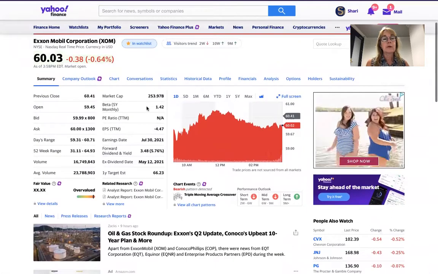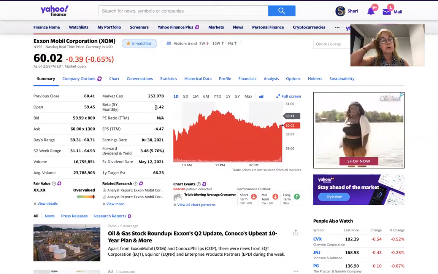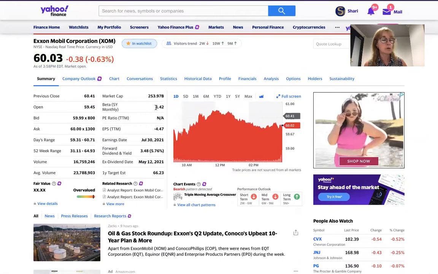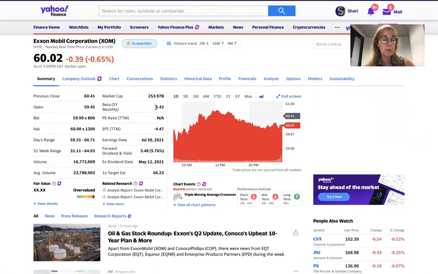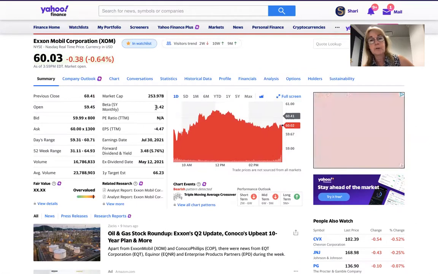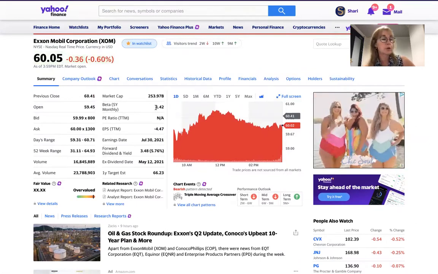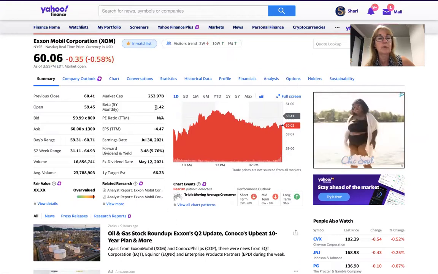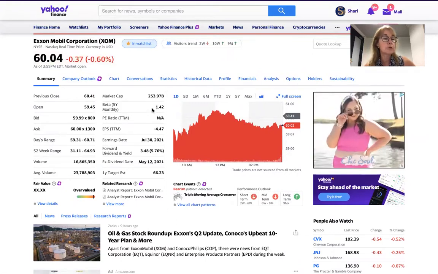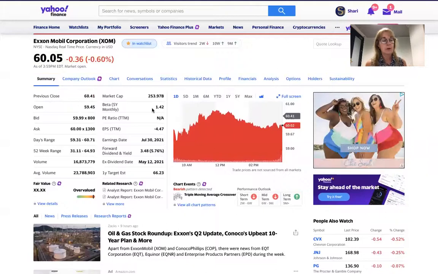All right, ExxonMobil's beta is 1.42. It used to be much lower, so that's kind of interesting. Remember, I'm assuming a 3% risk-free rate and a 12% return in the market. So it's going to be 3% plus 12% minus 3% times 1.42, which is the beta.